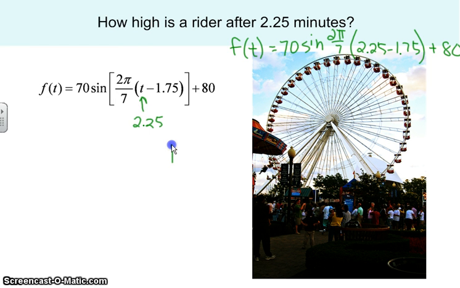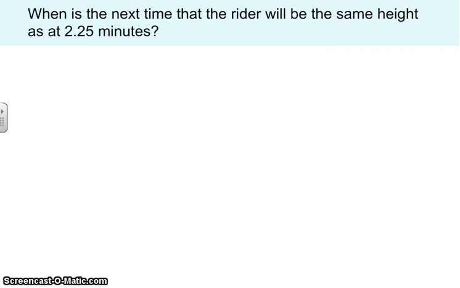So I've essentially answered this question. Well, I have answered the question. 110.37 feet. So we were able to answer this. But now I want to ask a few more questions. I would like to know the next time the rider will be the same height as they were at 2.25 minutes if the rider kept going around on this Ferris wheel.